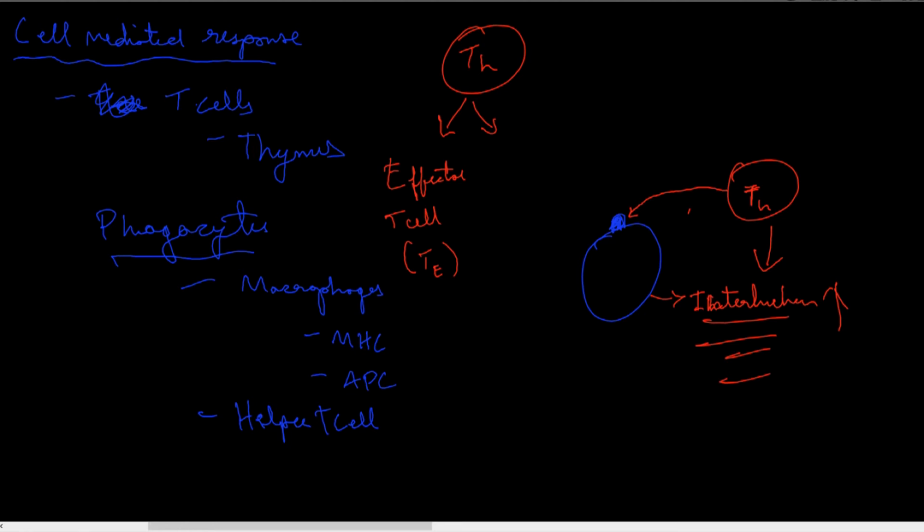And then it's also going to be splitting up into the memory T cell. I think they use TM. I'm not sure, but anyways, that's what that is. Now you guys know the memory T cells do the same thing as memory B cells. So don't worry about it.